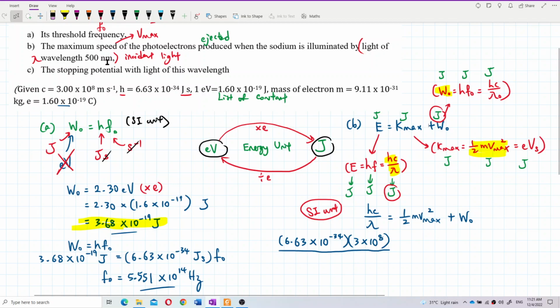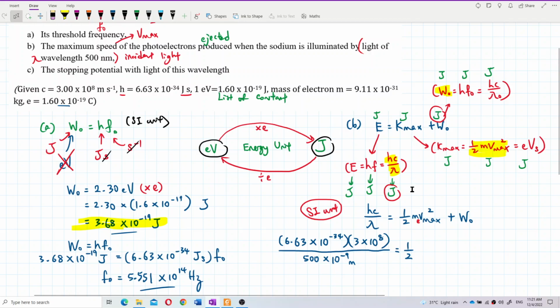So lambda is 500 nanometer. Substitute 500 nanometer. Let me write carefully. Nano is negative 9, so 500 exponent negative 9 meter. Okay, done. So half, and then this is the mass of electron. Of course this is the mass of electron, because Kmax is the maximum kinetic energy of the photoelectron ejected.